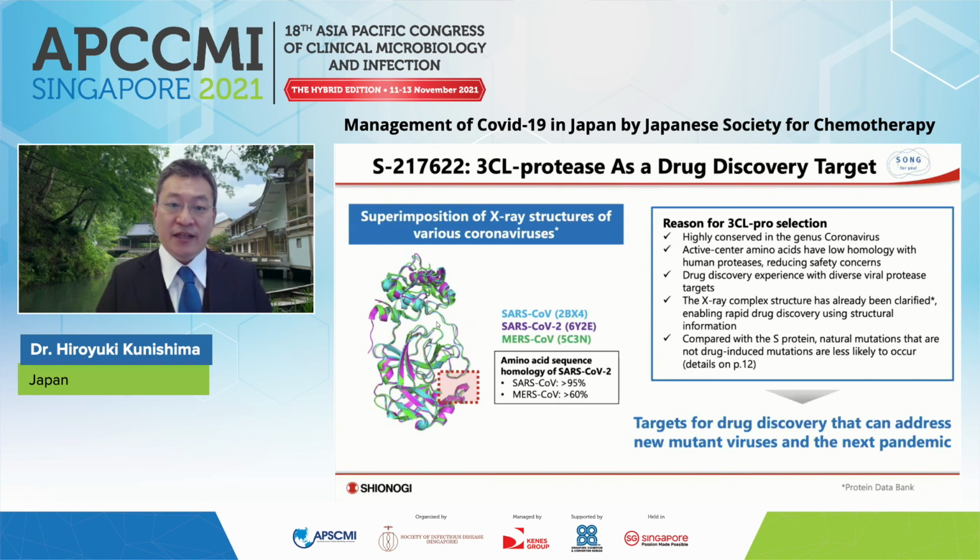This drug targets the 3CL protease of SARS coronavirus 2. Currently, there is concern about attenuation of the antiviral activity of commonly used antibody drugs due to mutation of the spike protein. This drug is expected to be highly safe and does not reduce susceptibility due to mutation in the spike protein.